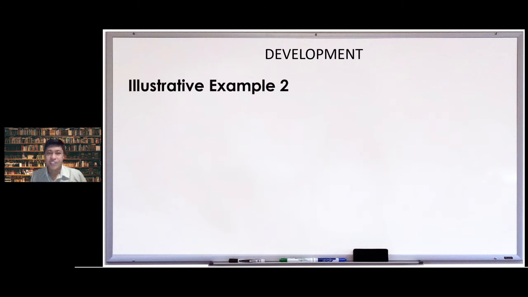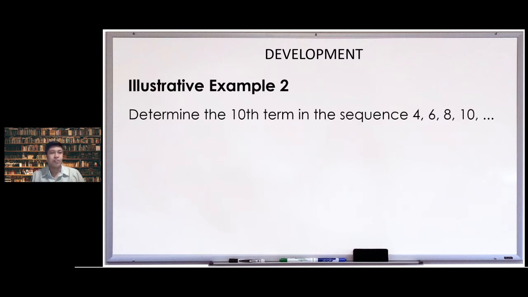For illustrative example number 2, determine the 10th term in the sequence 4, 6, 8, 10, and so on. If you look at the sequence, the first term here is 4.